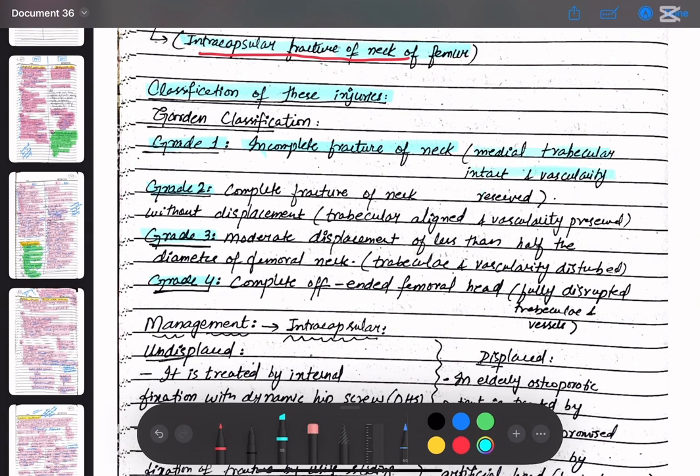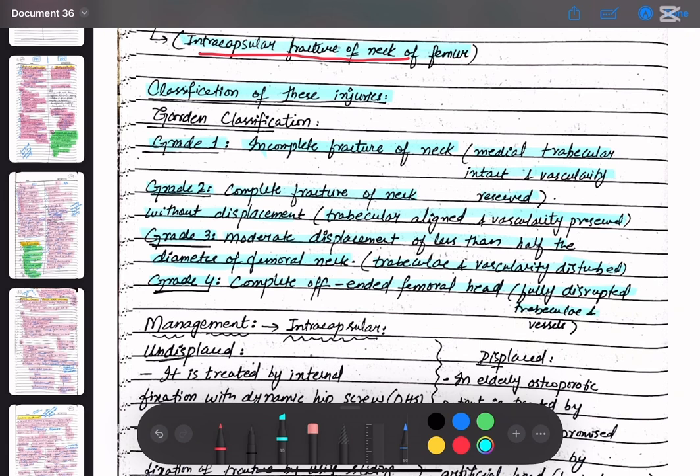In grade 2, there is complete fracture of the neck without displacement, trabeculae aligned and vascularity is present. Grade 3 is moderate displacement of less than half the diameter of the femoral neck, and trabeculae and vascularity are disturbed. In grade 4, there is complete displacement of the femoral head, with fully disrupted trabeculae and vessels.